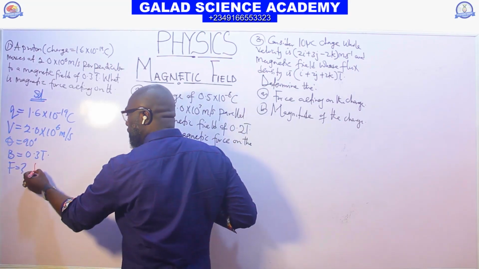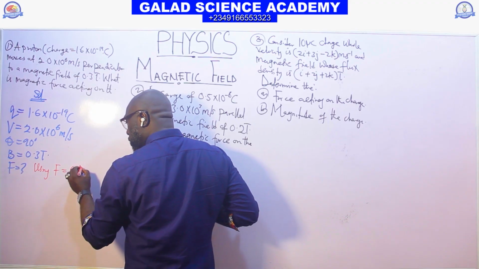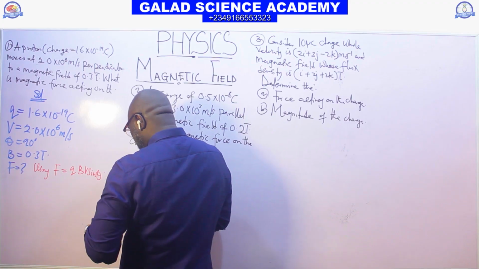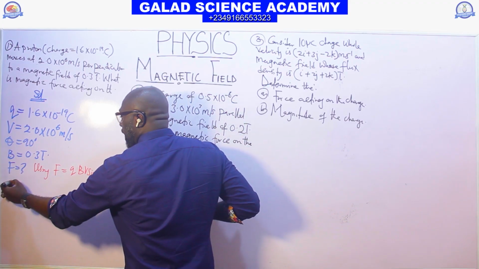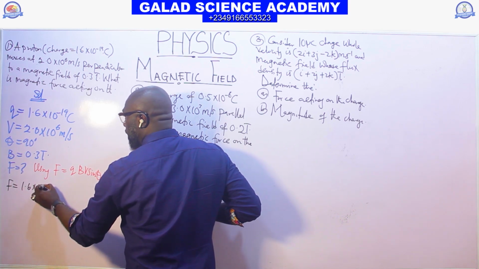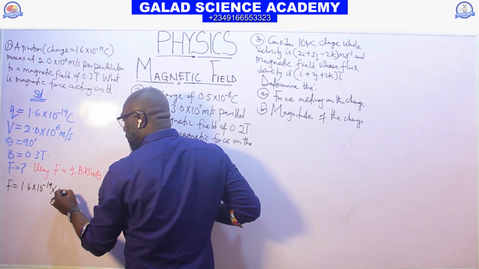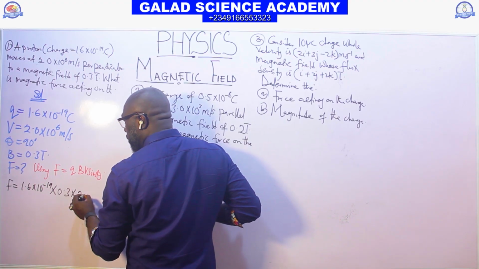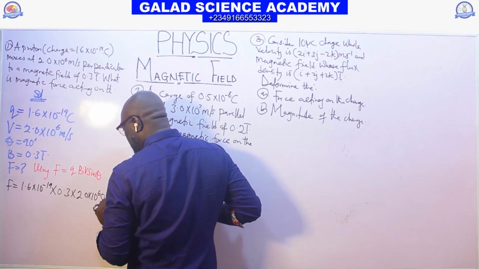Using F equal to QBV sine theta, let us apply the formula. What are we going to end up with? We have magnetic force should be Q, which is 1.6 times 10 to the power minus 19, multiplied by B, 0.3, multiplied by V, 2.0 times 10 to the power 6, then sine 90.